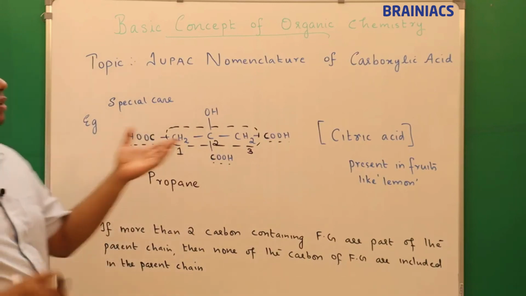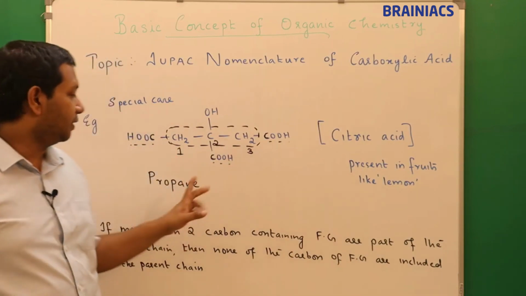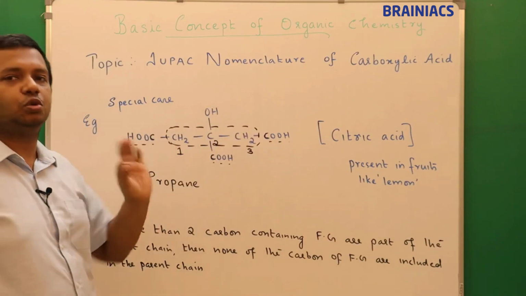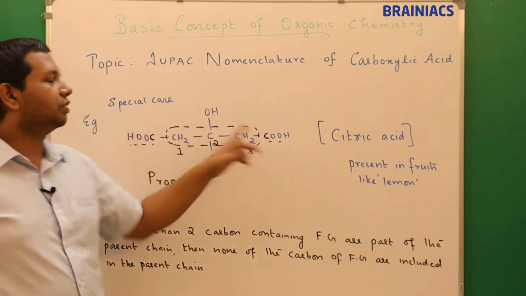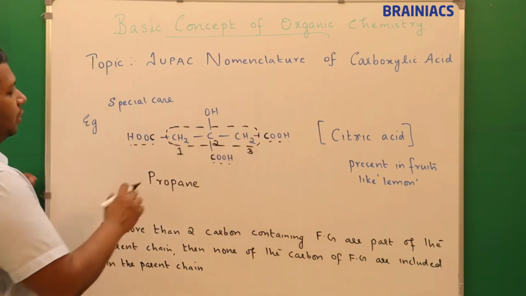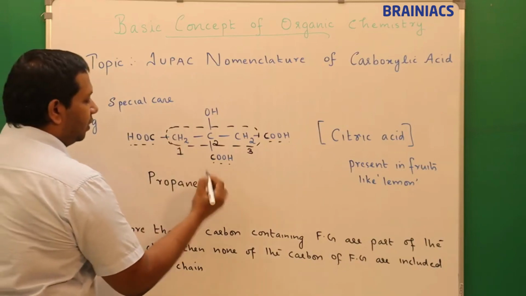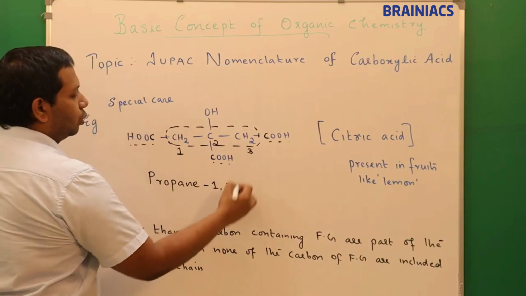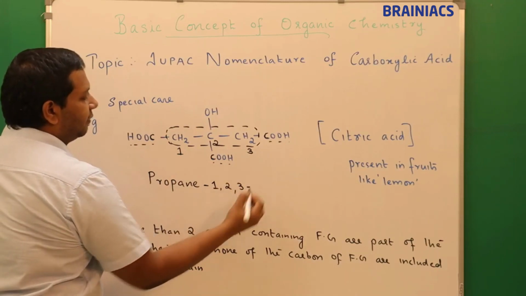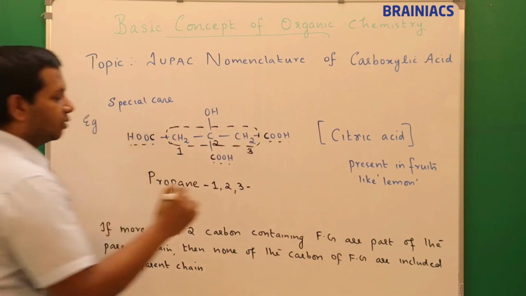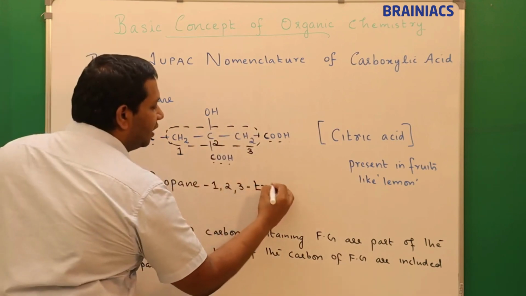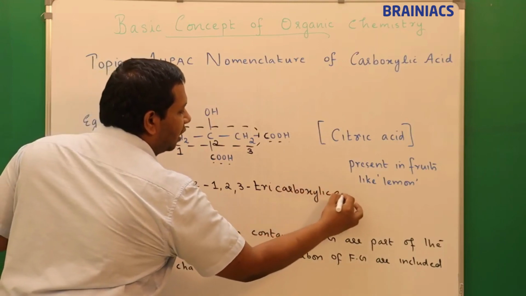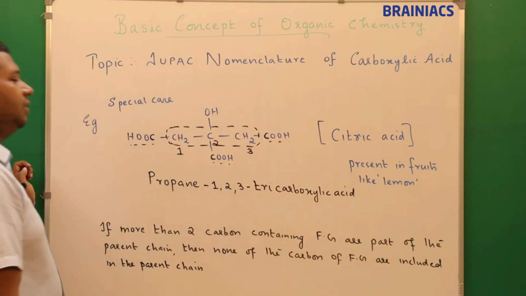Please remember, whenever you are using the suffix carboxylic acid, the E should not be removed. E should not be removed whenever you are using the suffix carboxylic acid. So propane, hyphen, what is the position? 1, 2, 3, hyphen, how many are there? 3 are there. So we use the term tricarboxylic acid. Is the naming complete?